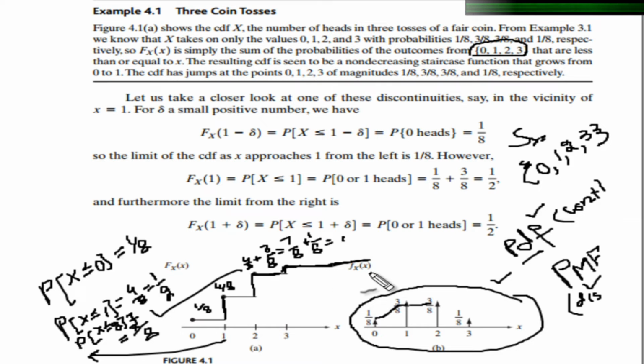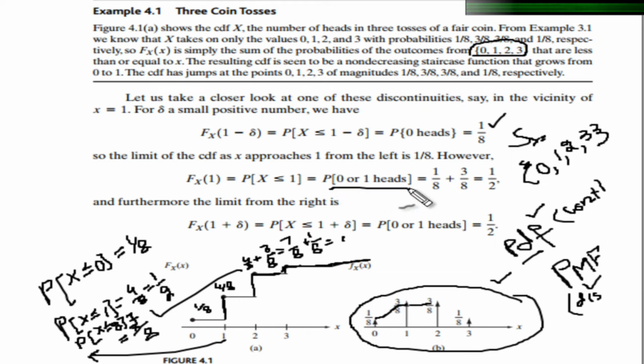So you guys can see that from this PMF plot, which is the basic probability plot, we have got this thing. Okay, this is the CDF plot. You guys can also see it from this example here, that the probability of 0 heads is 1 by 8. The probability of 0 or 1 heads means the probability is such that the number of heads is less than or equal to 1.